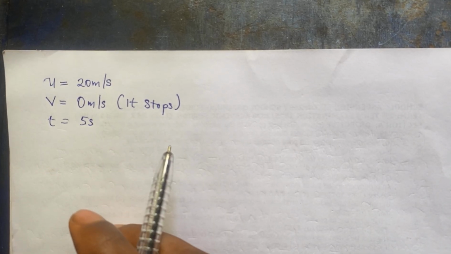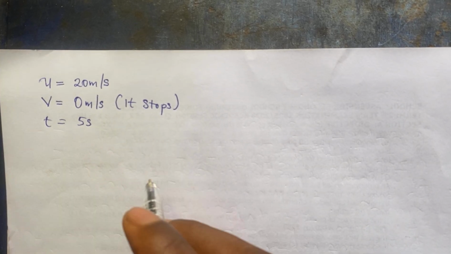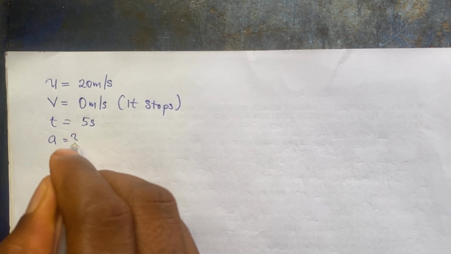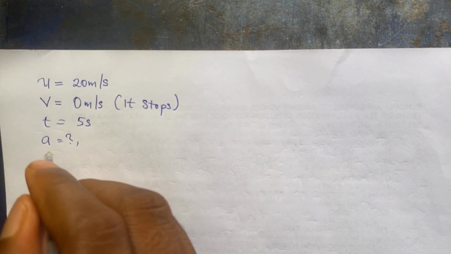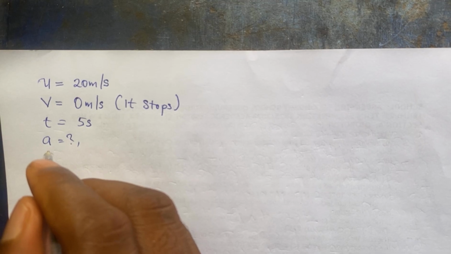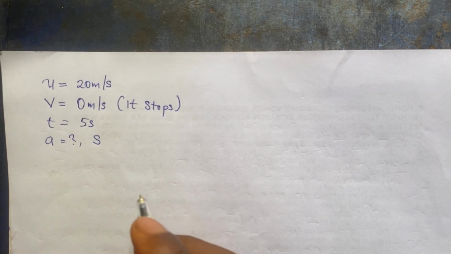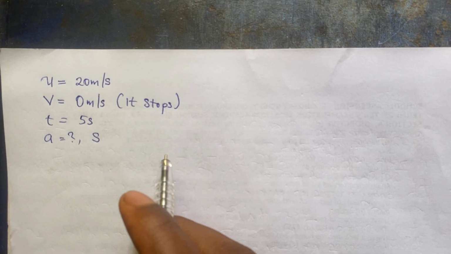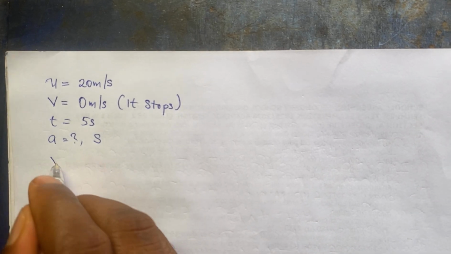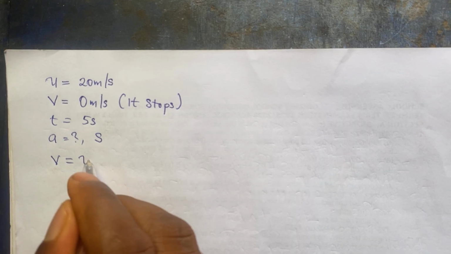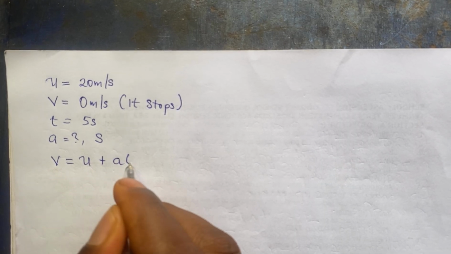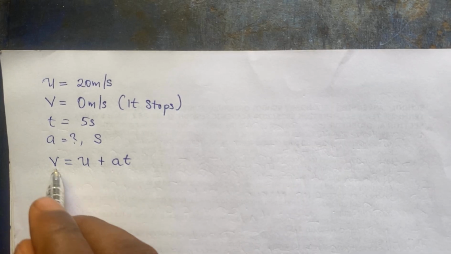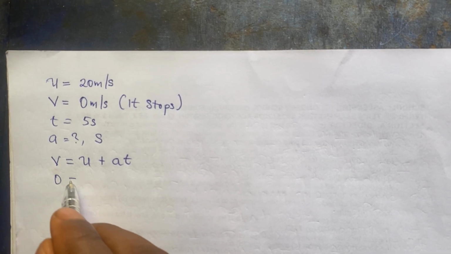Alright? So we are asked to find what? To find the acceleration and which other thing are we asked to find? Distance. Alright? So which of the equations of motion are we going to use? Let's use the first one, which is v equals to u plus at. So using this to find our acceleration, v is what? 0, it has stopped.